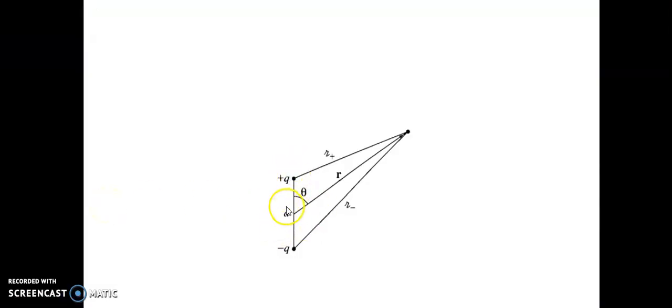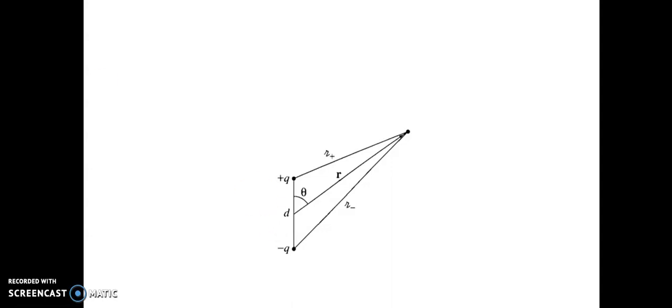So, we know that an electric dipole is two equal and opposite point charges separated by a small distance d. Now we have to find out the approximate potential at a distance far away from a dipole.